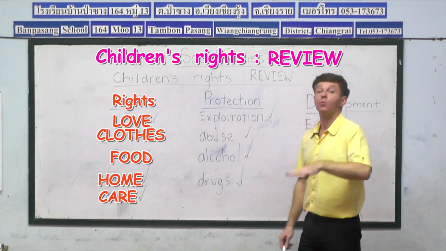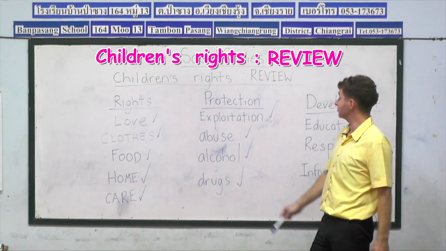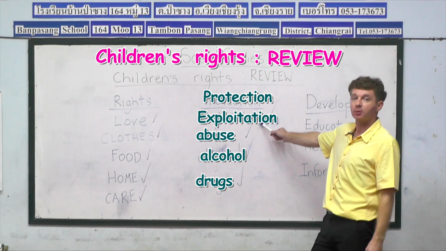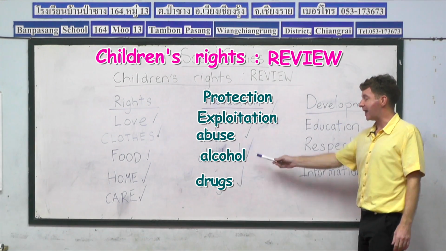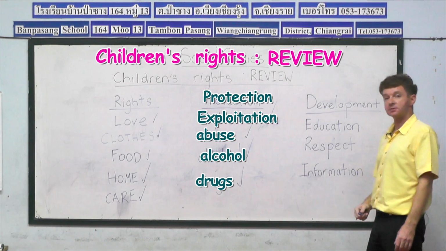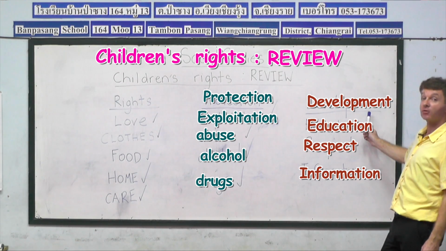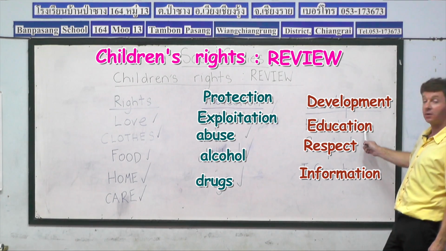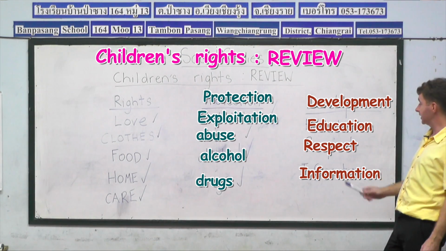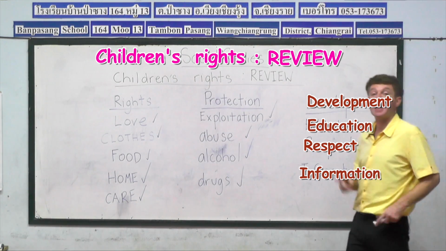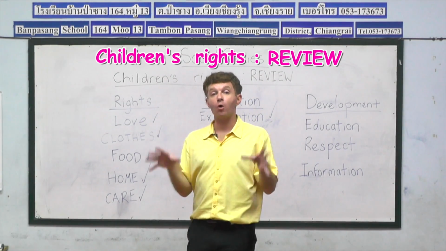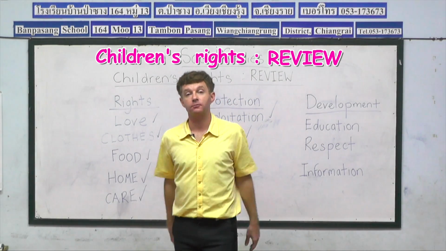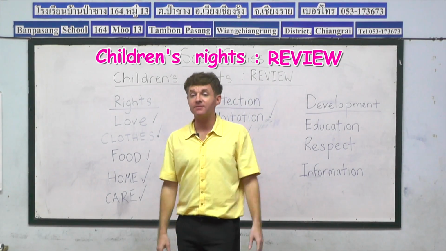And then we need to protect our children from exploitation, abuse, alcohol, drugs, and we allow our children's development through education, respect, and information. And they are some of the things we've already learnt about regarding children's rights. Guys, that was brilliant and very well remembered.